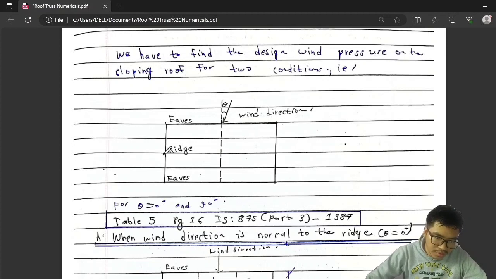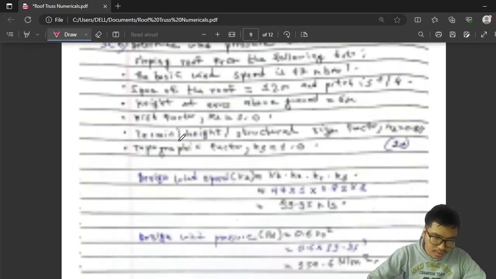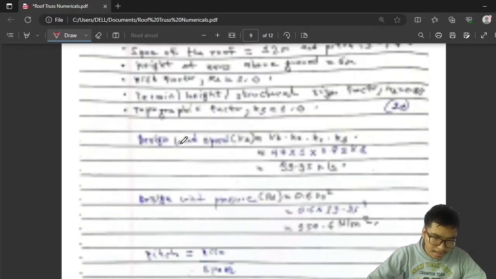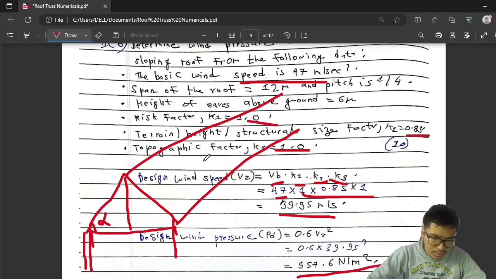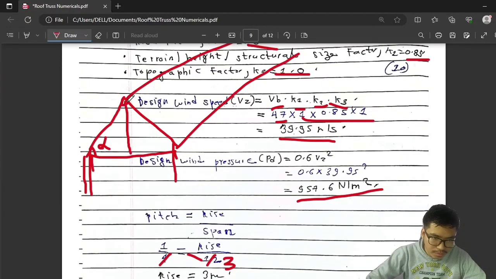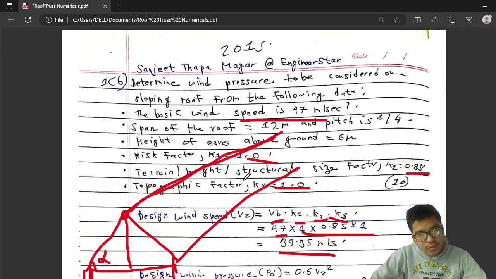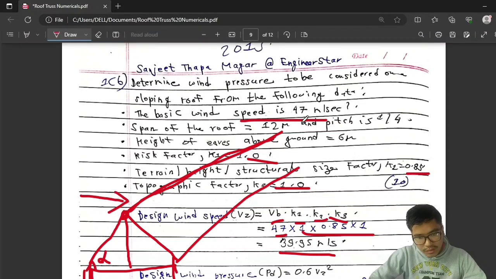Normal to the ridge means this is the plan or top view, and this topmost part is the ridge. So first is normal to the ridge, this direction, and parallel to ridge is this direction.